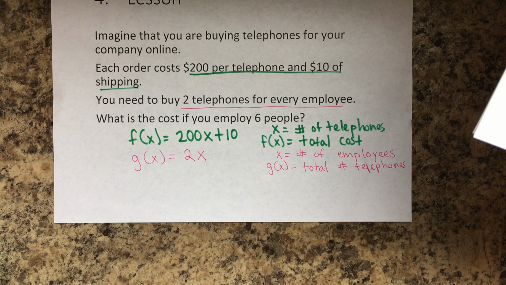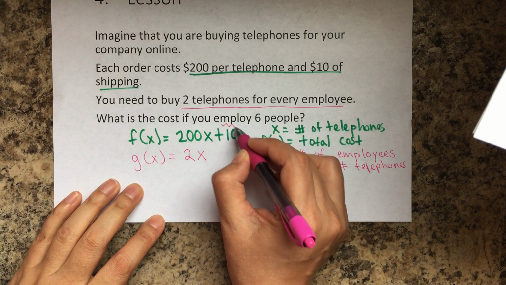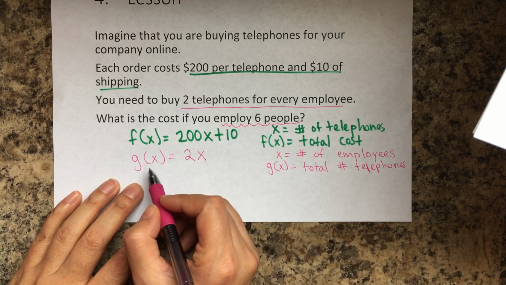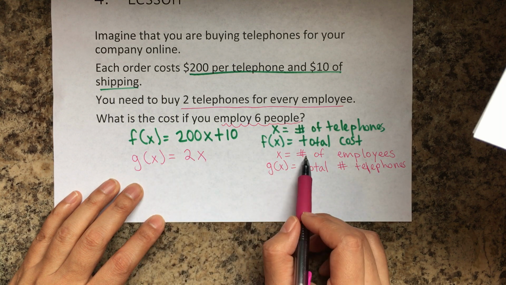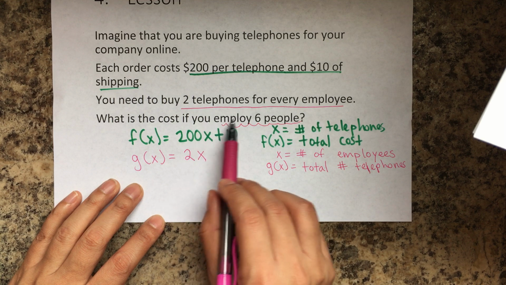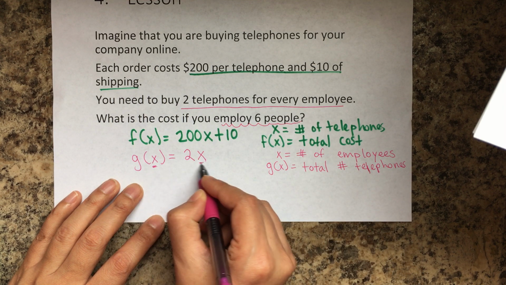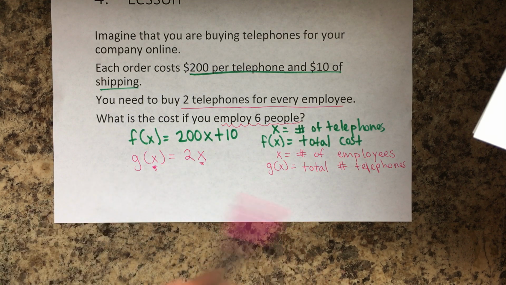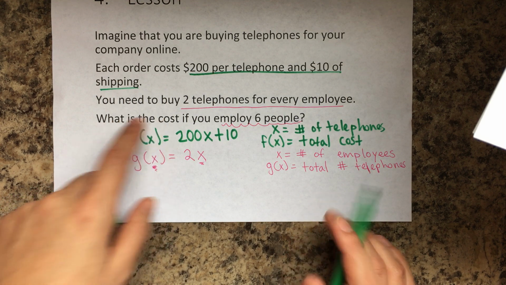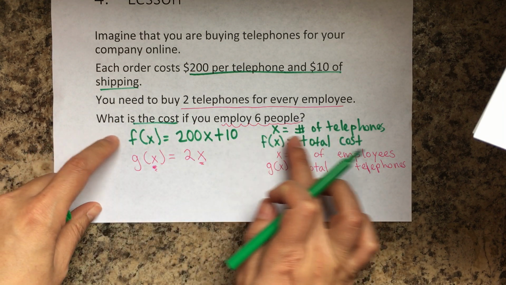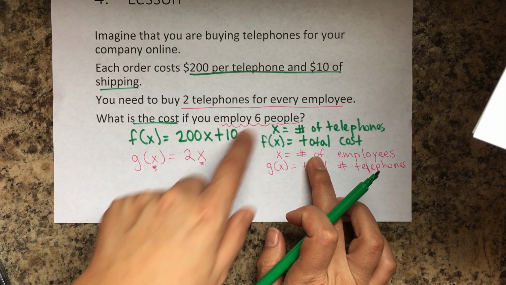Now it's asking, what is the cost if you employ 6 people? So basically it means find g of 6, right? Because x represents the number of employees. You employ 6 people, so that's your x. To figure out the total cost, it includes the cost, which is the total cost, f of x, and then it gives you information of 6 people.